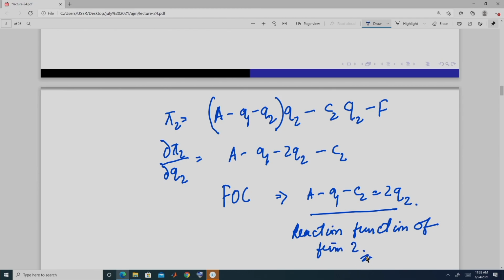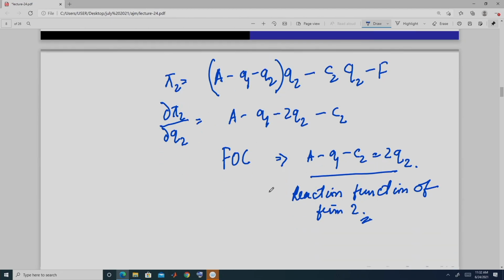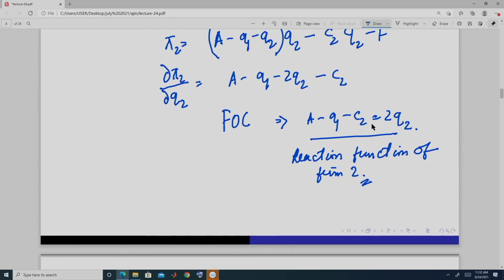We derived such a reaction function while doing Cournot competition, so it is the same as the Cournot reaction function of firm 2. And if you take the second derivative with respect to Q2, you will see that it is negative.